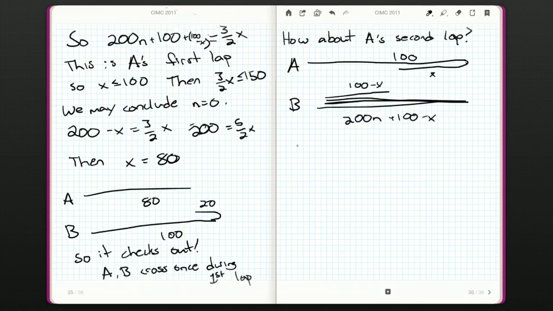And so the same rules still apply. If Alice has gone 100 plus x, then Betty will have gone 3/2 times that. 100 minus x, just making sure that the formula's worked out, because it's rather embarrassing when it didn't work out the first time.